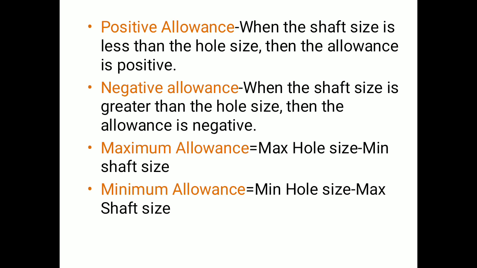Maximum allowance is equal to maximum hole size minus minimum shaft size. That is, when we take the maximum hole size and the minimum shaft size and find the difference between them, the allowance is called maximum allowance. Minimum allowance. Minimum allowance is equal to minimum hole size minus maximum shaft size.